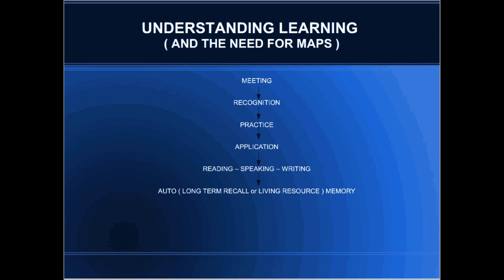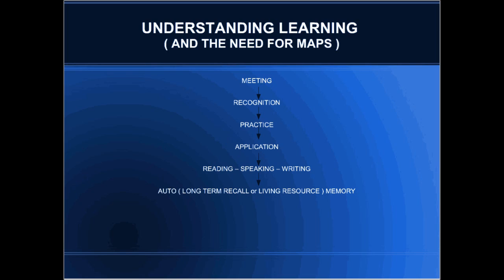The first stage, of course, is meeting, where students get exposed through reading and listening and maybe conversation. Following that, we have recognition, where the students begin to notice specific items in use in the language. Then we have practice, with understanding the form and use and trying things out in a safe environment. Following that, we have the application.